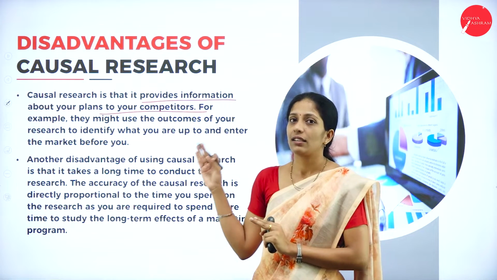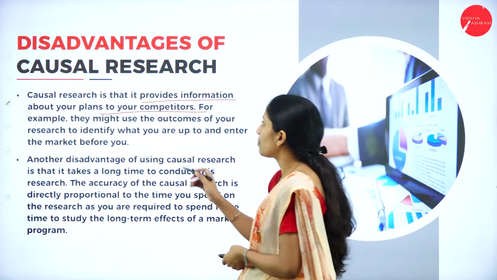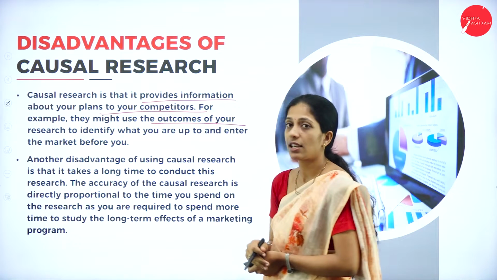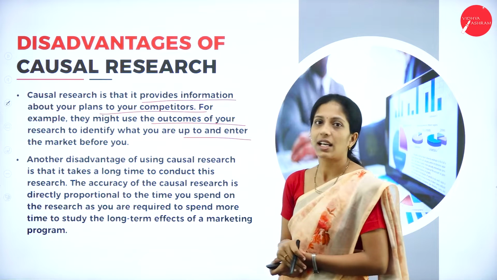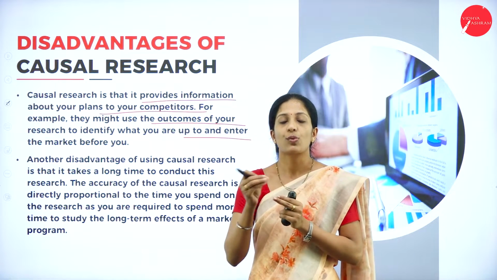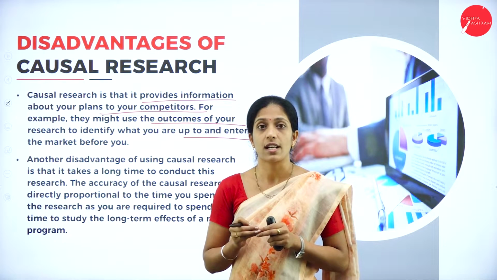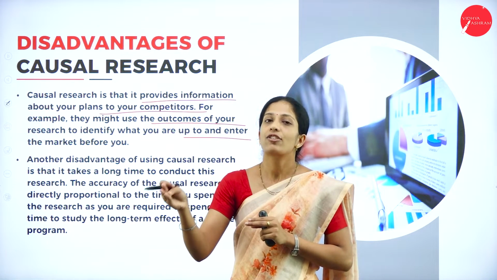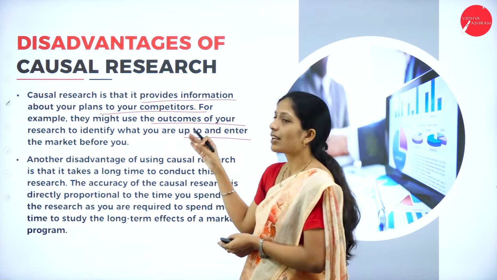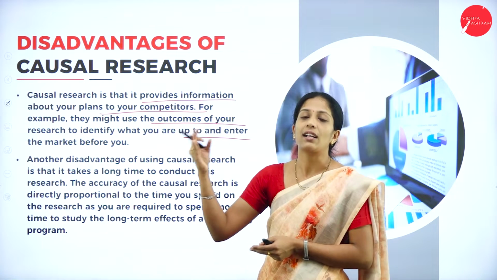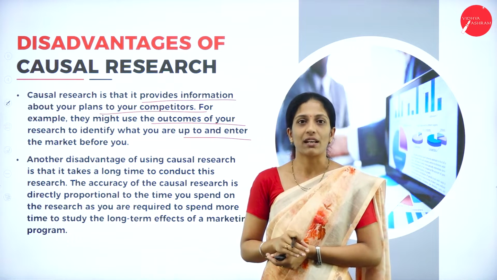Thereby the researcher may lose his value. For example, they might use the outcomes of your research to identify what you are up to and enter the market before you. So whatever information is collected by the researcher under experimental research, another researcher may use it to get the name and fame. The researcher who collected it first loses out, and the other researcher might use those resources and become famous.